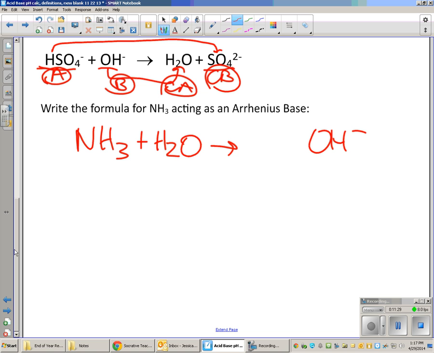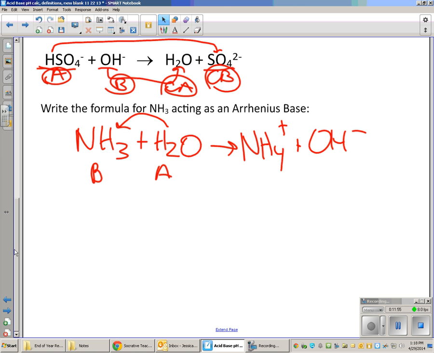How did this hydroxide get here? So H2O lost an H and gave it to who? NH3, to make NH4 1 plus. So in this case, this is acting as a base. So it forms hydroxide. Yeah, bases form hydroxide in water, Arrhenius bases.